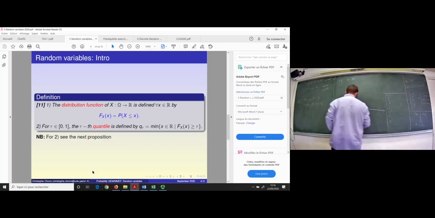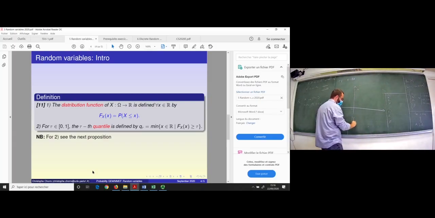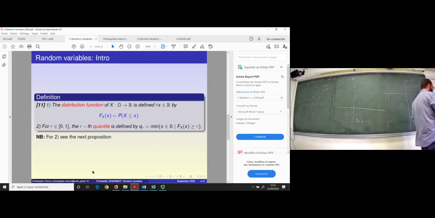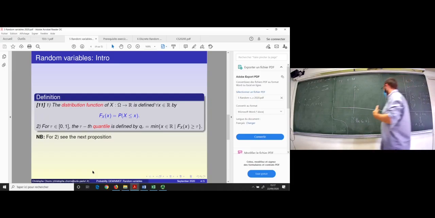So I am interested in the probability that the indicator function is less than small x, and I want to compute this for any small x. I say that I have only 3 situations. What are the possible values for my indicator function? 0 or 1.